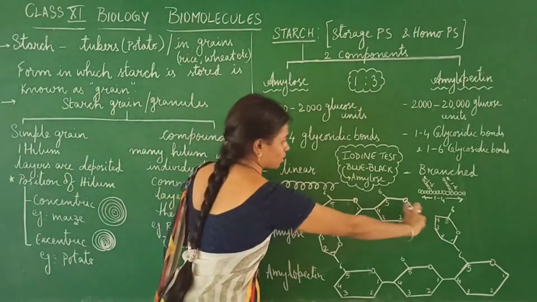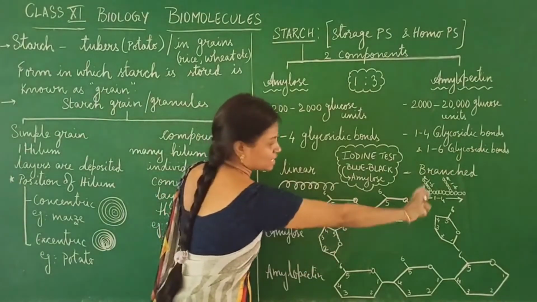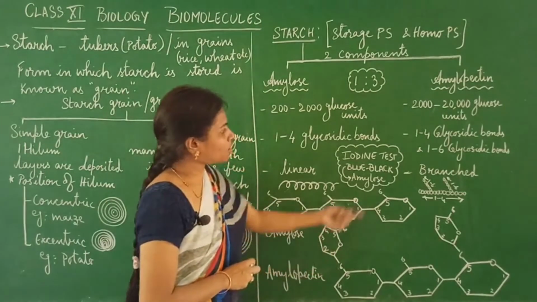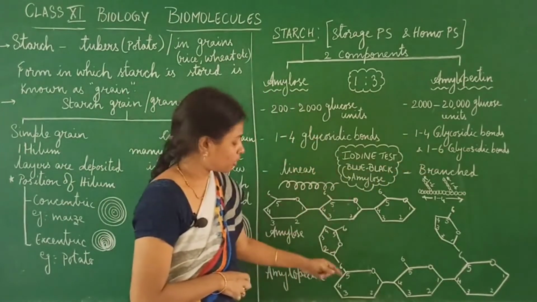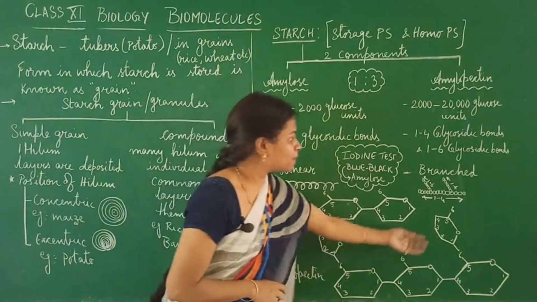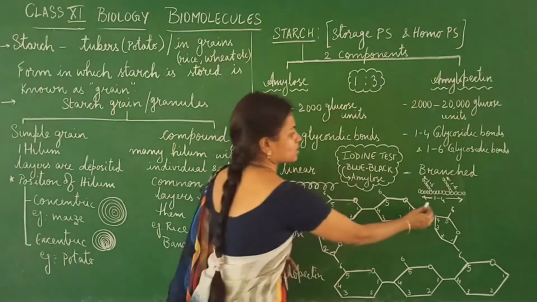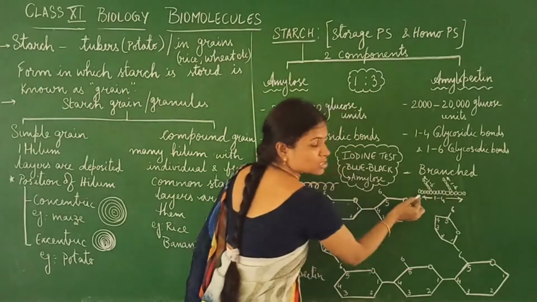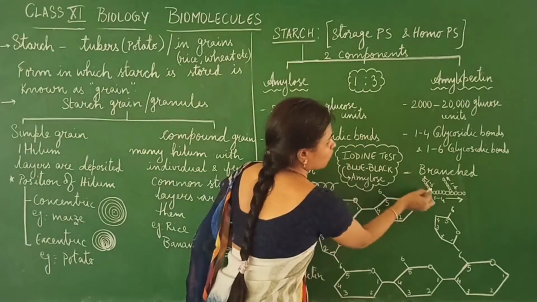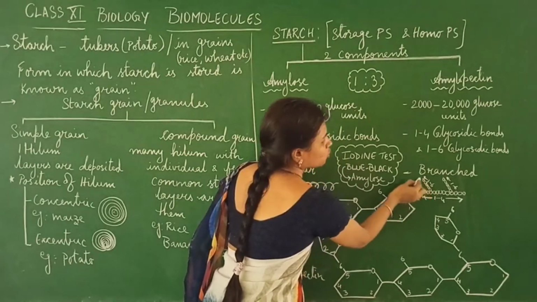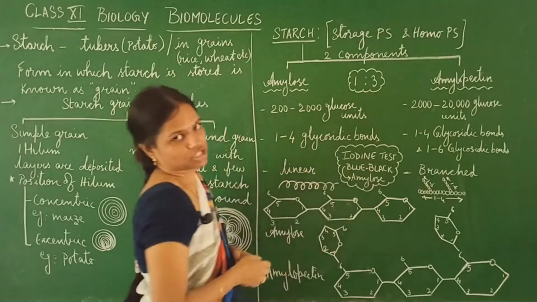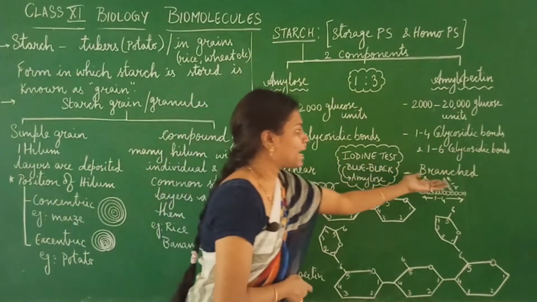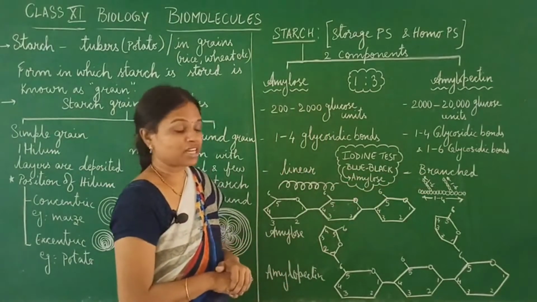If it is 1,4 glycosidic bond, then it is quite linear. But due to the extra 1,6 glycosidic bond present in amylopectin, we see a branched structure. So, this is 1,4 glycosidic linkage, this is how the molecules are arranged, and this is how the 1,6 glycosidic glucose units are arranged. This is the reason why amylose appears linear and amylopectin appears branched in nature.